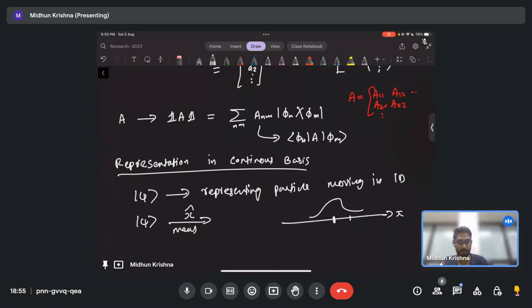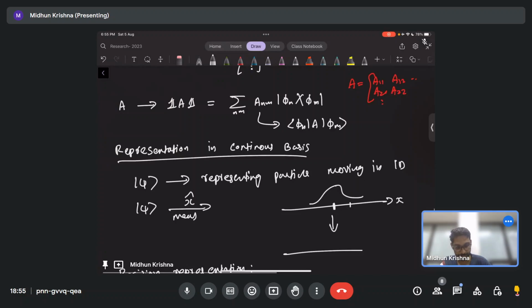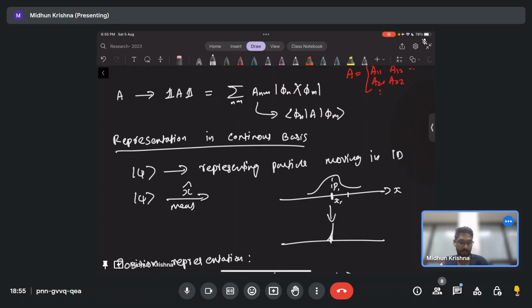Only when I measure does it collapse onto one particular state. Let's say this height is P1. So with probability P1, I'll get this state, and let's say this is H2 with probability P2. With P2, I will get this state.